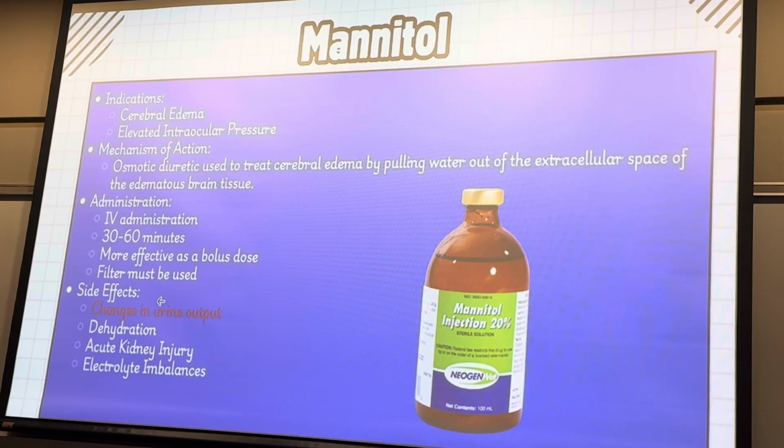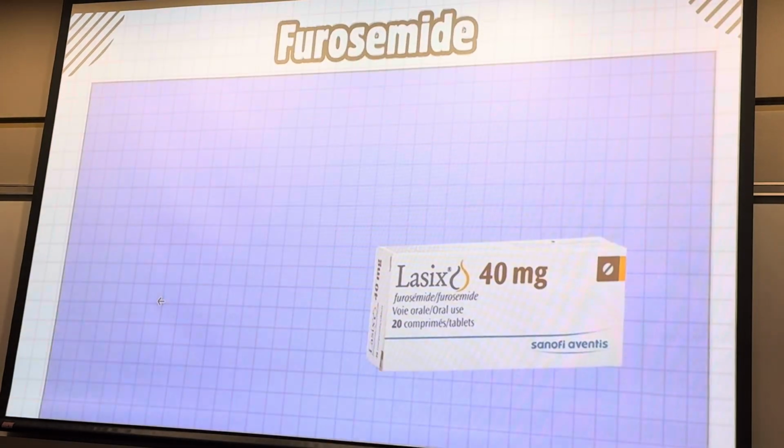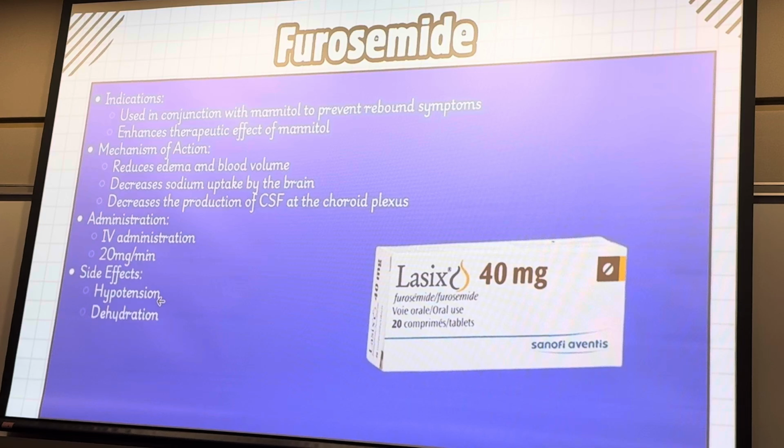With that, I can have dehydration. I can also have some electrolyte disturbances, because that shift of fluid, that shift of sodium, is going to cause some electrolyte imbalances. And then we have furosemide as well. Everybody pretty much should know what furosemide is. It's a loop diuretic, right?